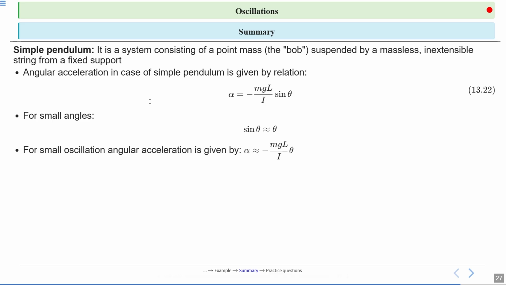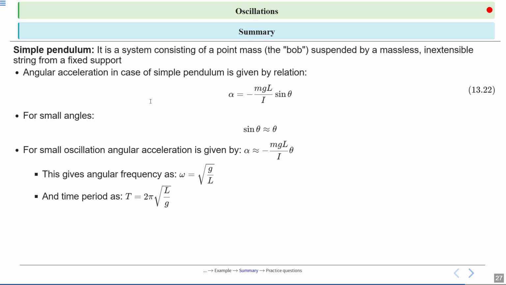For small oscillation, angular acceleration is given by alpha approximately equal to minus mgl theta divided by I. So this gives angular frequency as omega equal to under root g by L, and time period as T equal to 2 pi under root L by g.